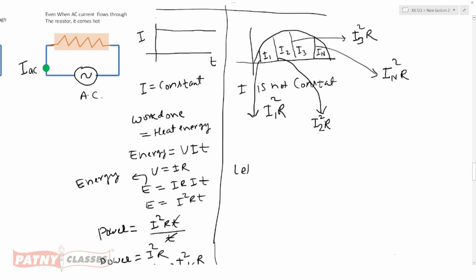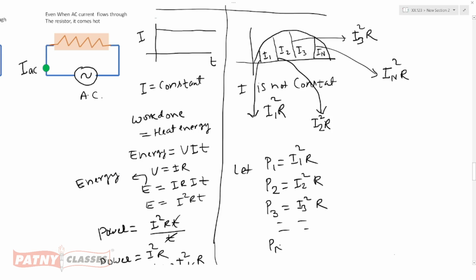So let the first power be P1, that is I1 square R. Power for the second case P2 equals I2 square into R. Power for the third case is I3 square into R, and so on.